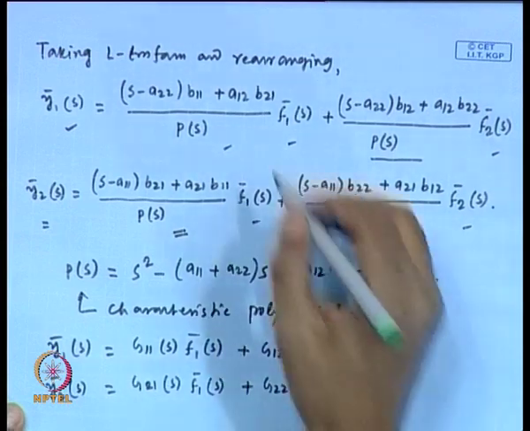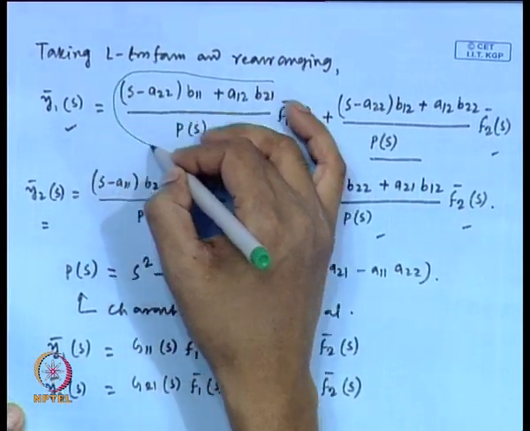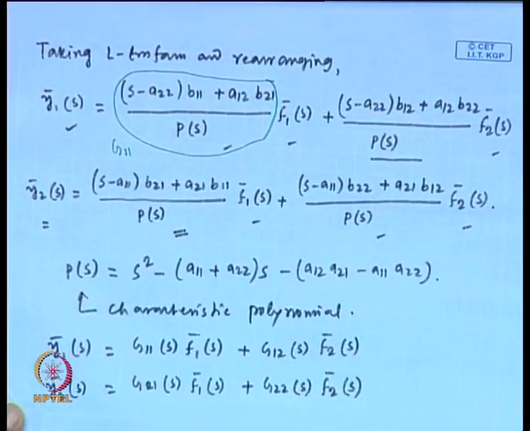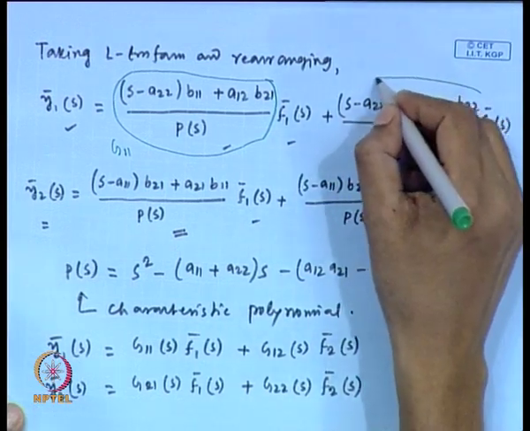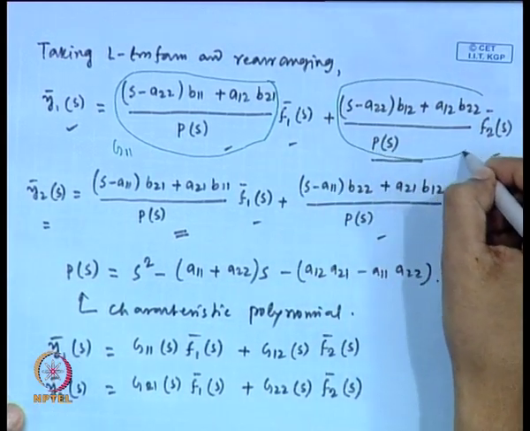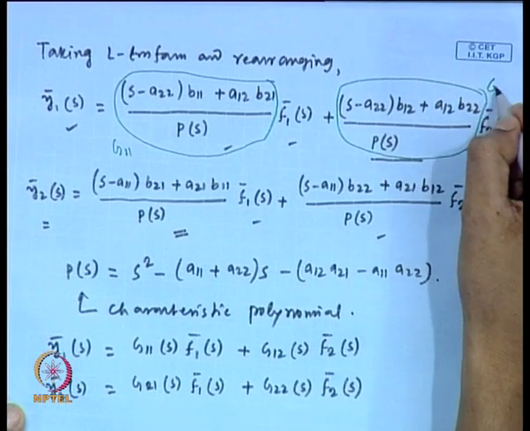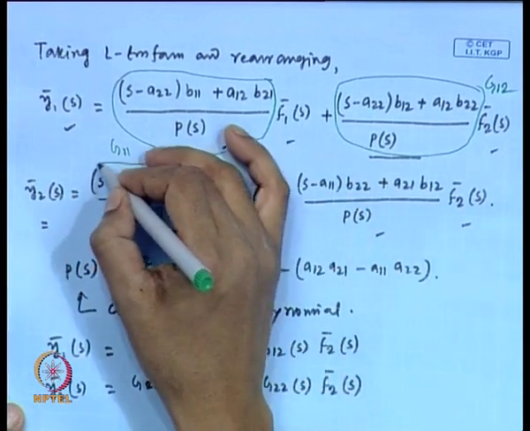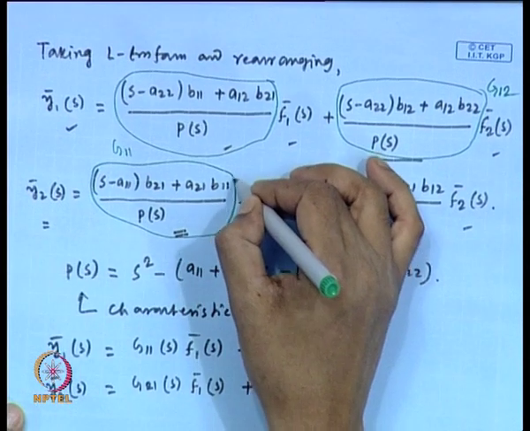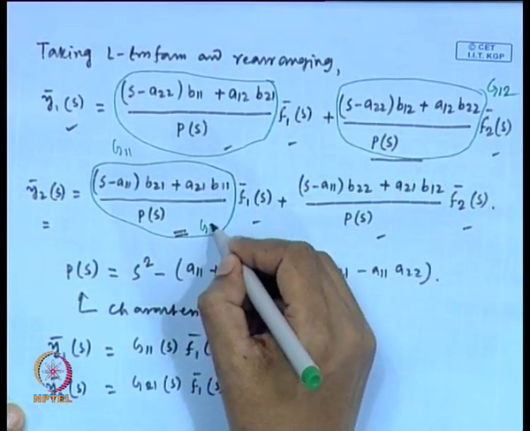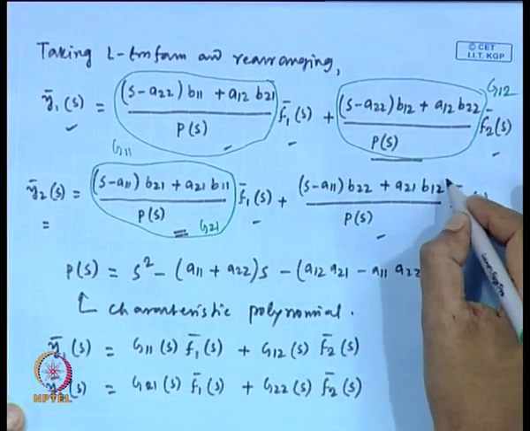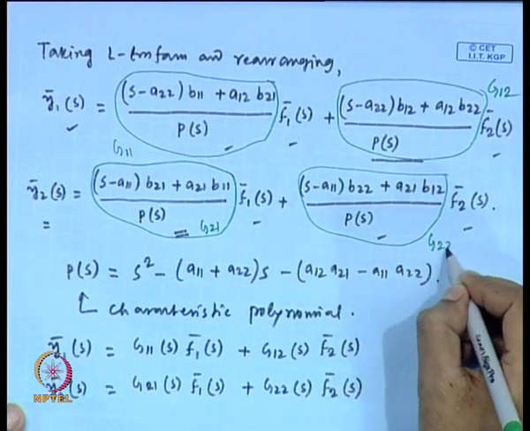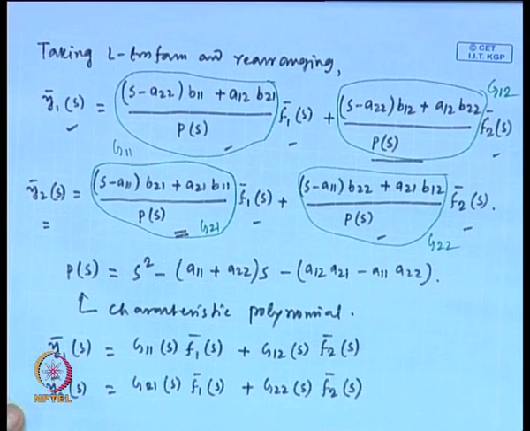So, we can say that this term is basically g11. This is another transfer function related to first output, that is g12. This transfer function is involved with y2, that is g21, and this is g22. Fine.